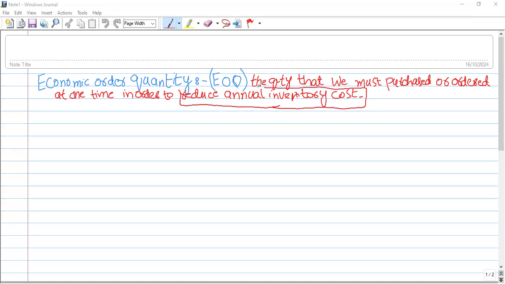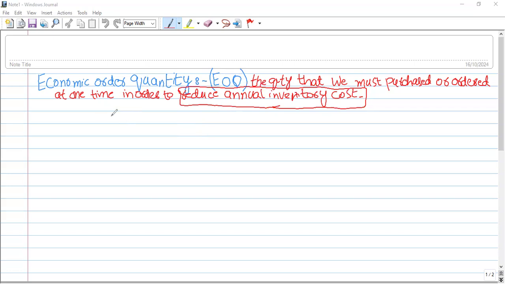Why should we follow the EOQ model? Because we want to reduce our annual inventory cost. That is the main purpose of using this model.